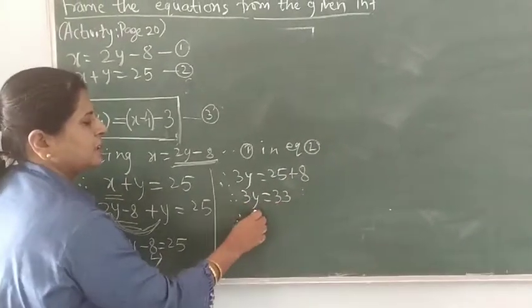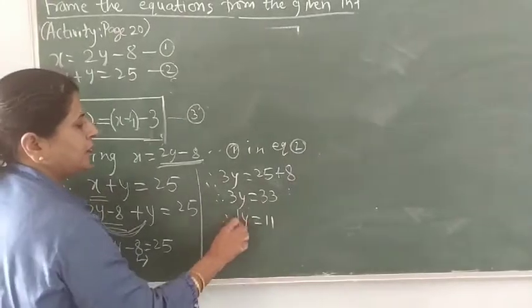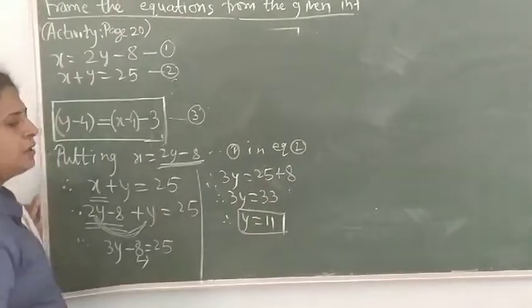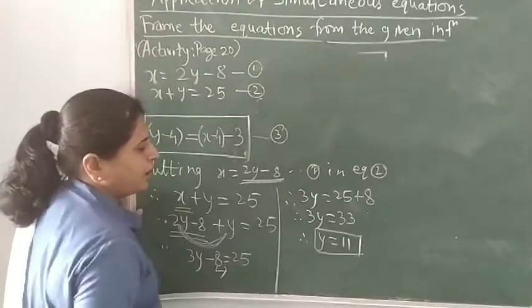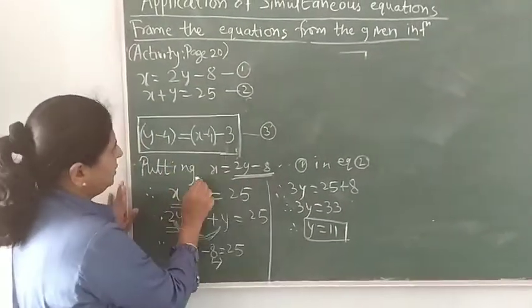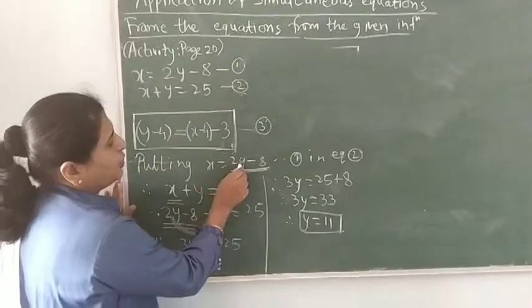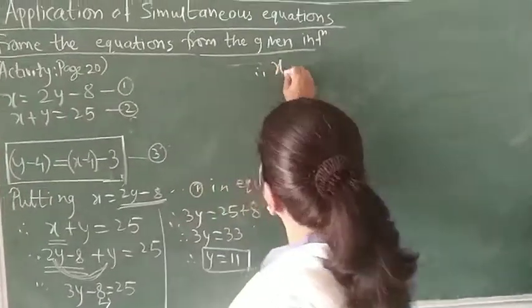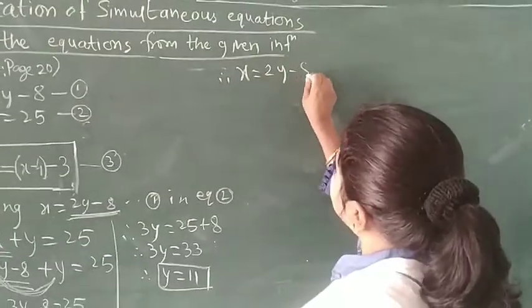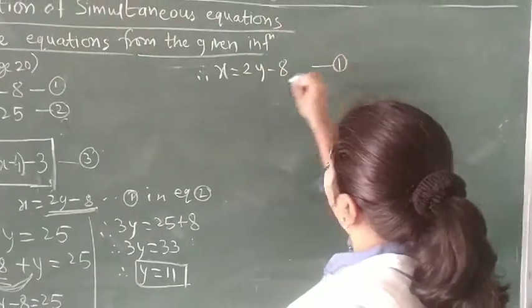So if 3y is 33, y is going to be 11. 33 divided by 3, or 3 11s are 33. As you got the value of y, you can put it here in equation number 1. x is equal to what? 2y minus 8. This is equation number 1.